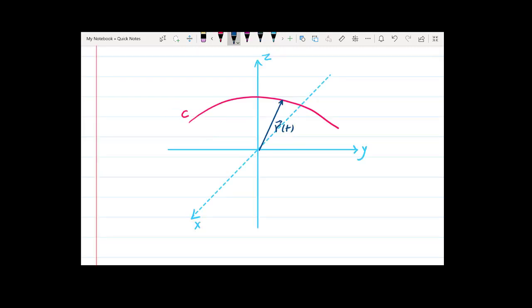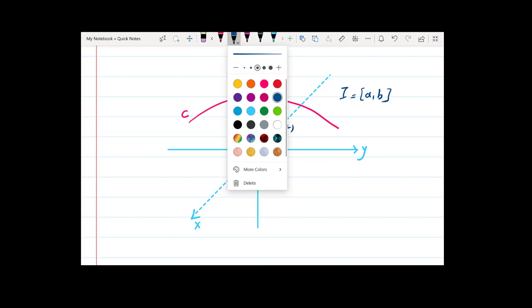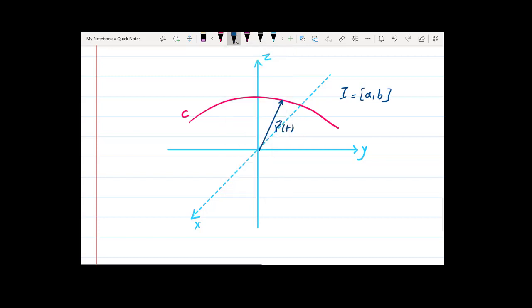Suppose this smooth curve is a particle's path which is traced by r of t during the time interval I. At each time, like t, r of t is a position vector, and the end of this vector shows the particle's position, as you see here.